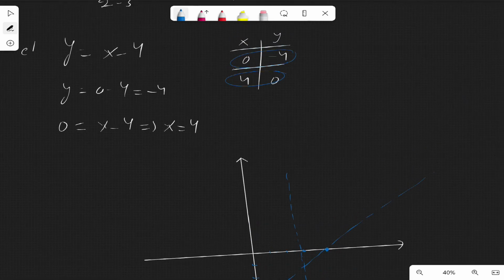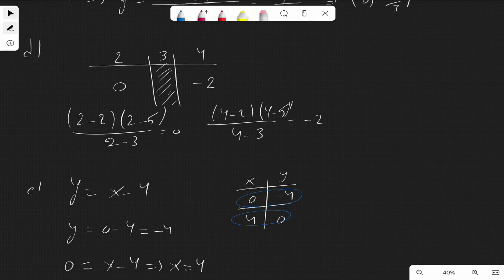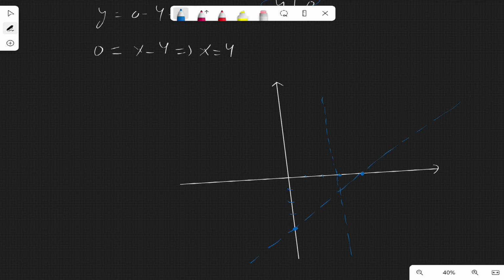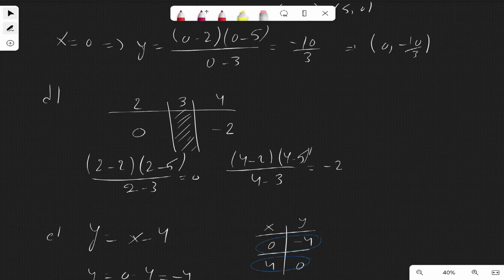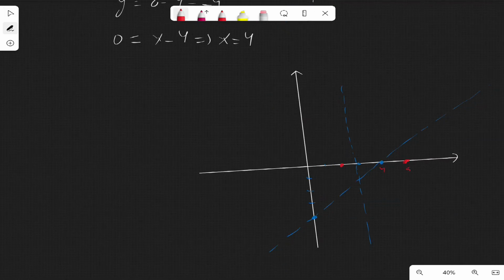Special points, x-intercept, y-intercept first: 2, 0 and 5, 0. 2, 0 is here, 5, 0 is here. The y-intercept, 0, negative 10 over 3.